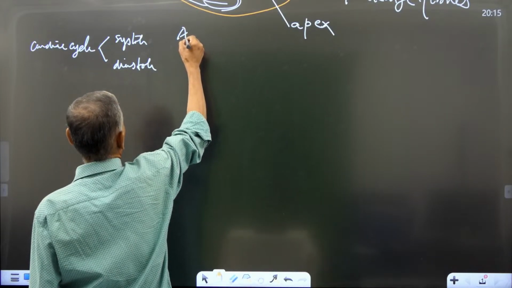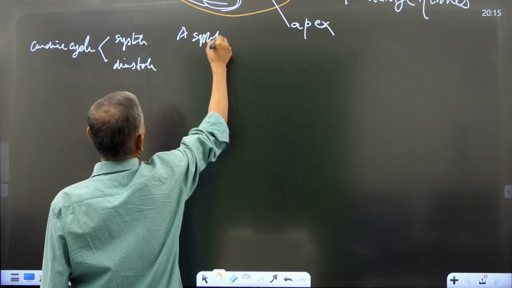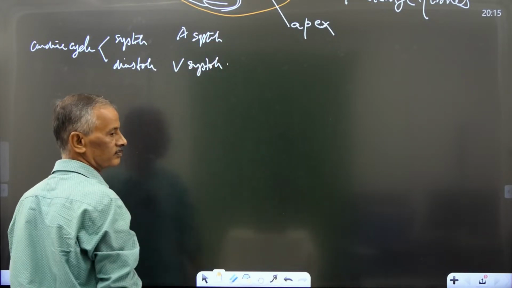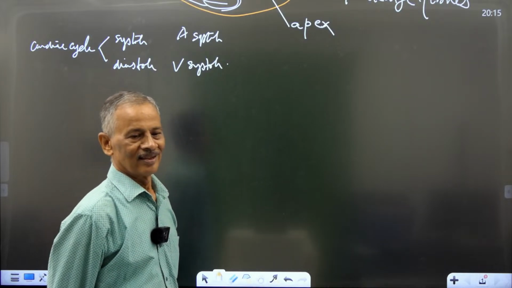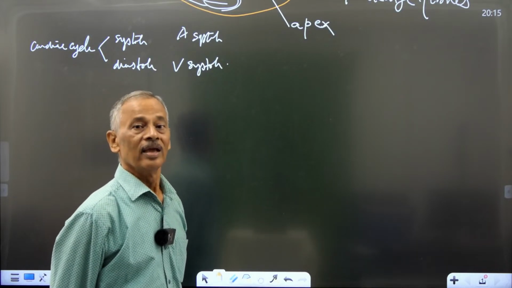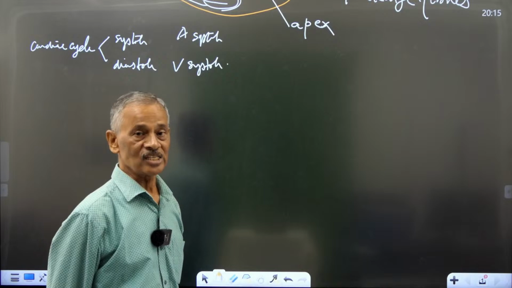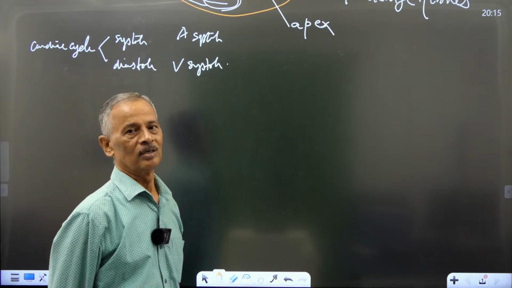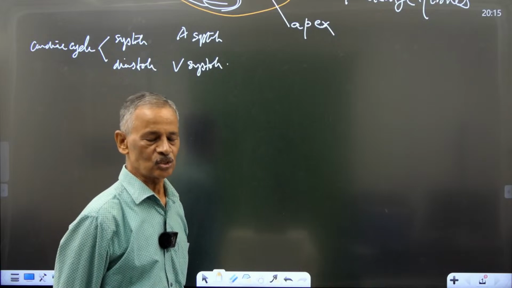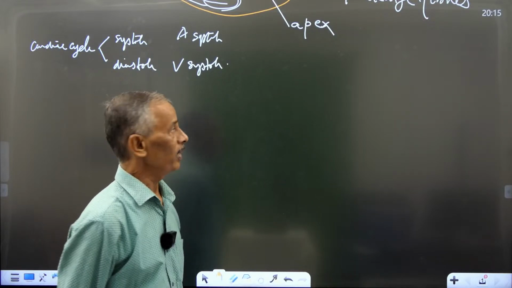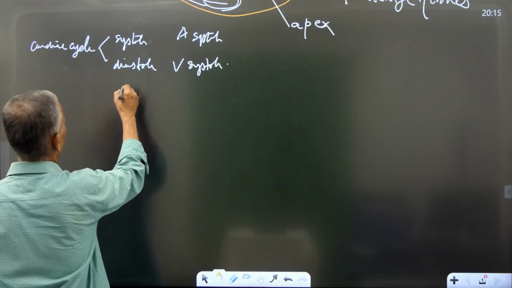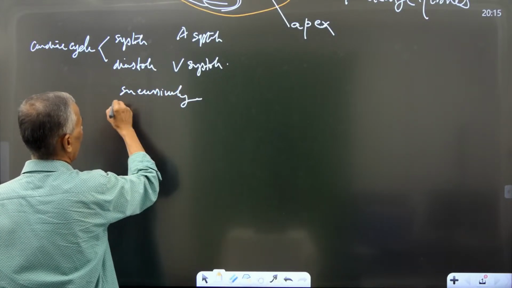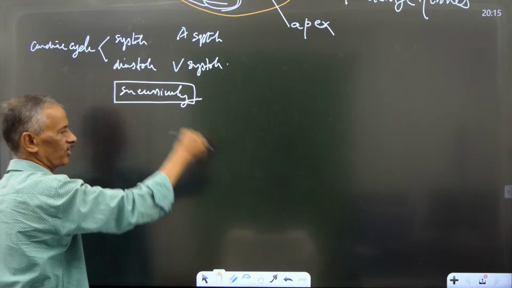Atrium contracts, atrial systole, followed by ventricular systole. Similarly, atrium undergoes diastole. After that, ventricle undergoes diastole. So, systole and diastole are taking place successively, one after another, not at the same time.